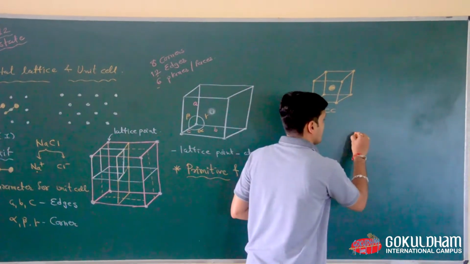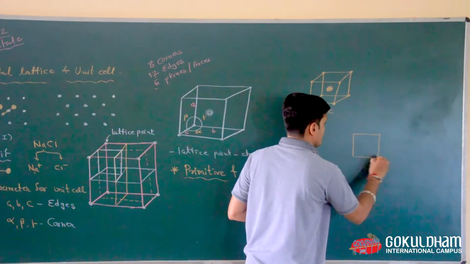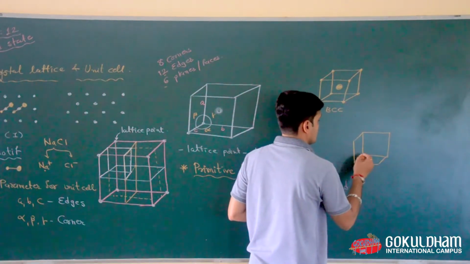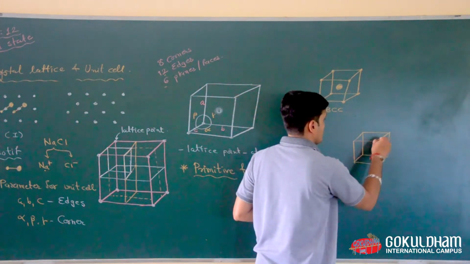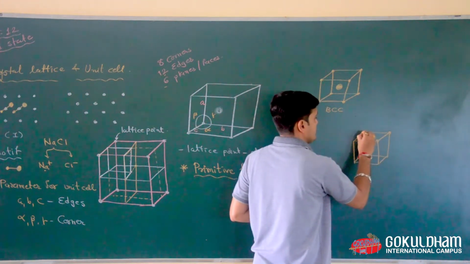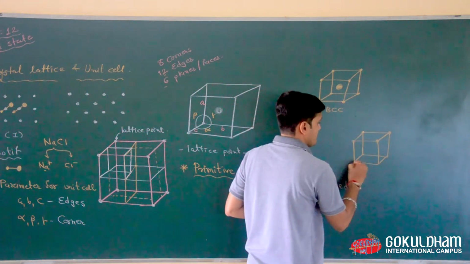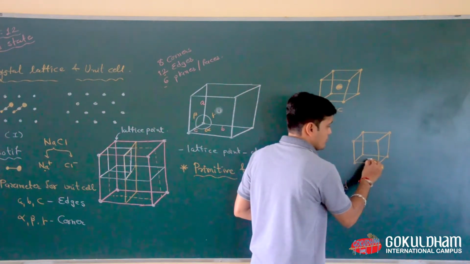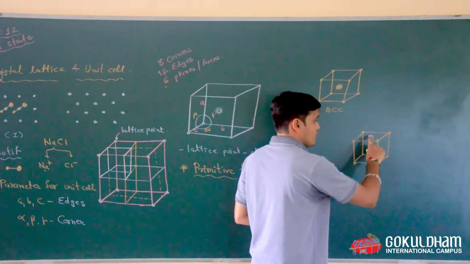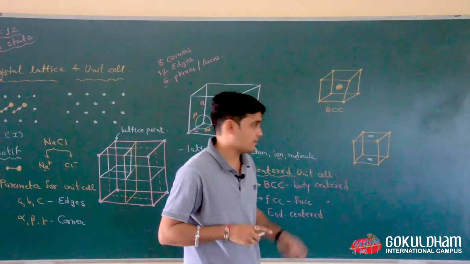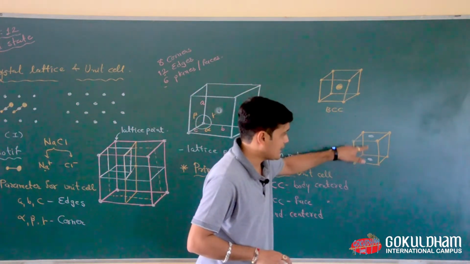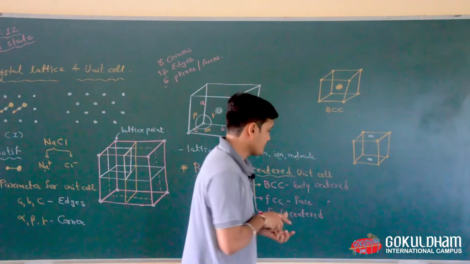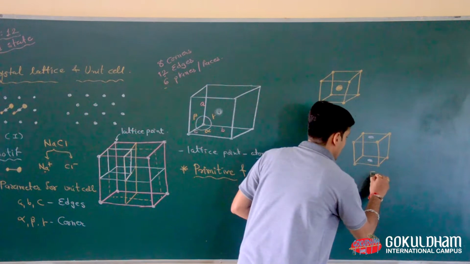In another figure, eight corner atoms are present and a pair of 2 molecules is present on the opposite sides of each other, meaning these two faces can accommodate an atom, molecule or ion, and these four planes are blank. This is known as end-centered.